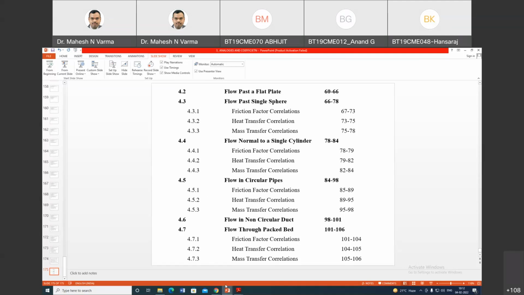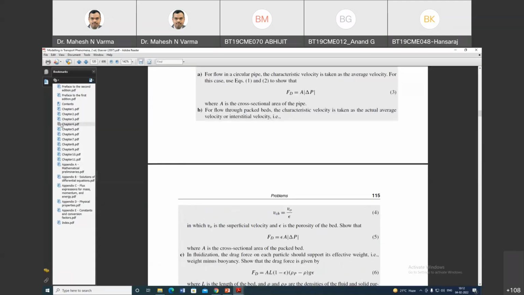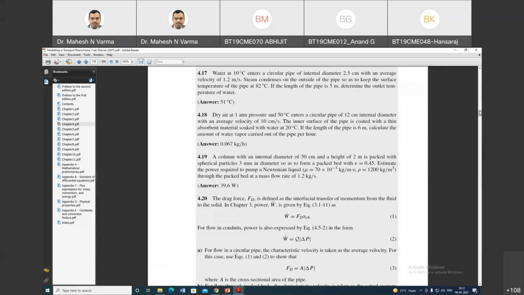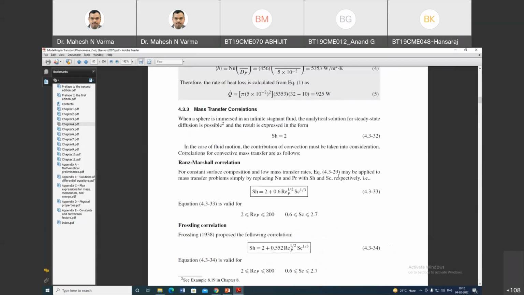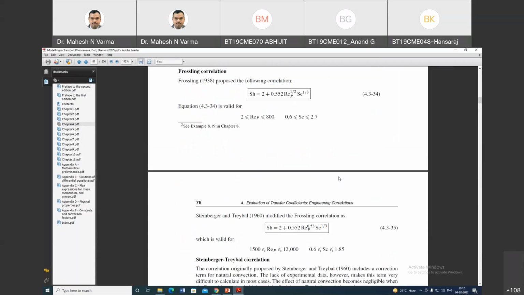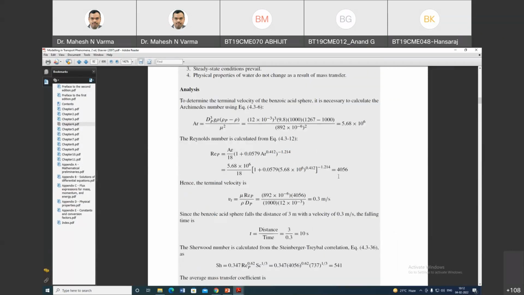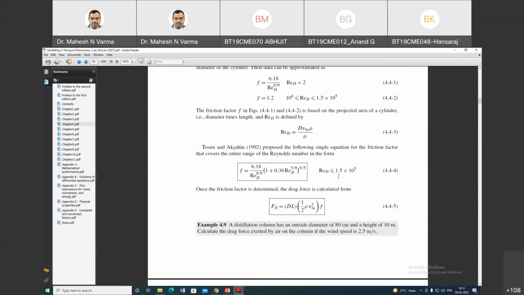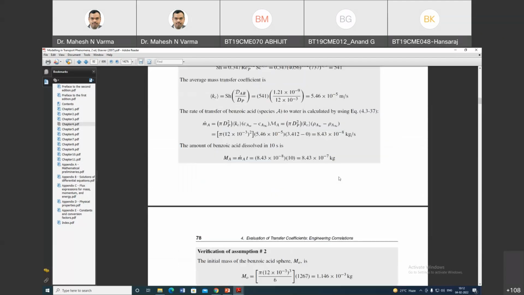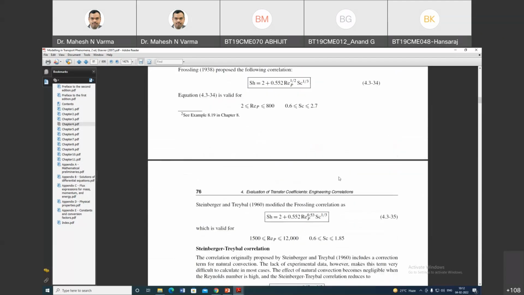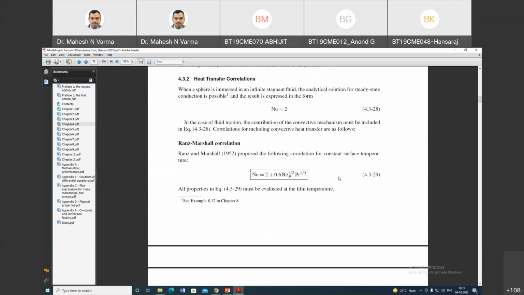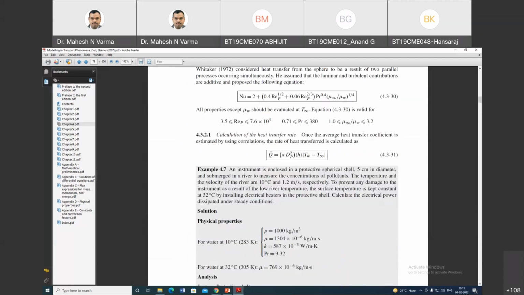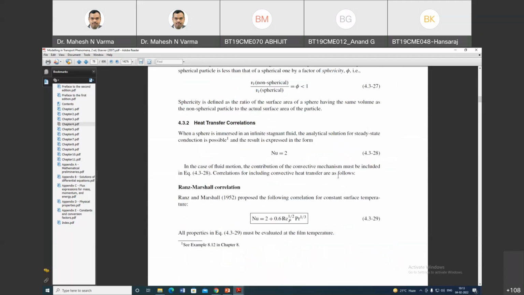Moreover, some of the engineering correlations you will find with the same name. Like the Sieder-Tate correlation for friction factor. Whitaker correlation also has more than one correlation actually.